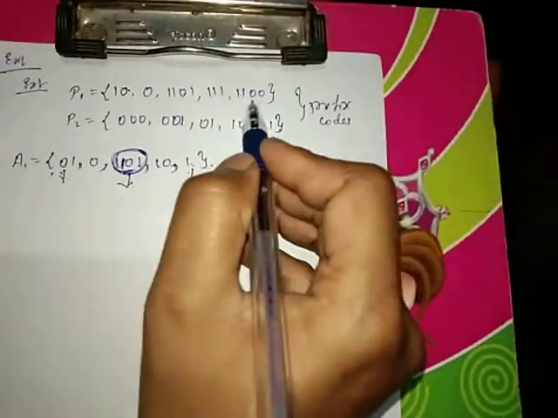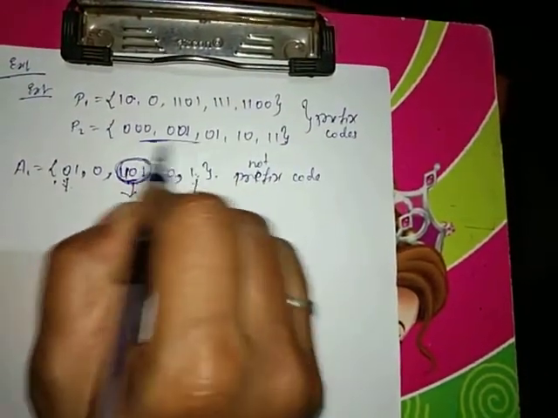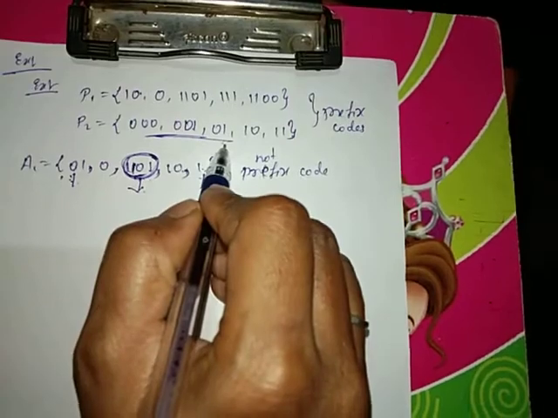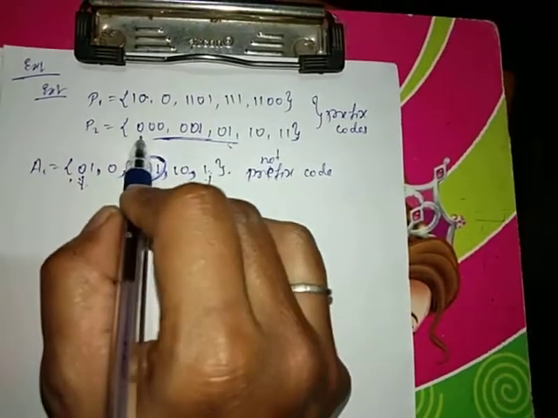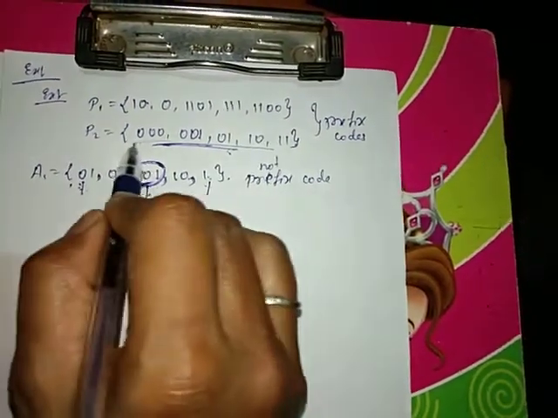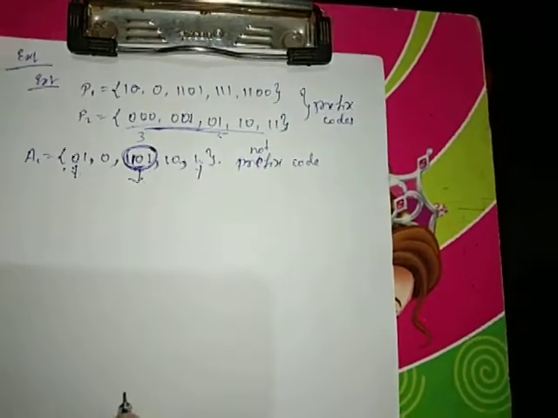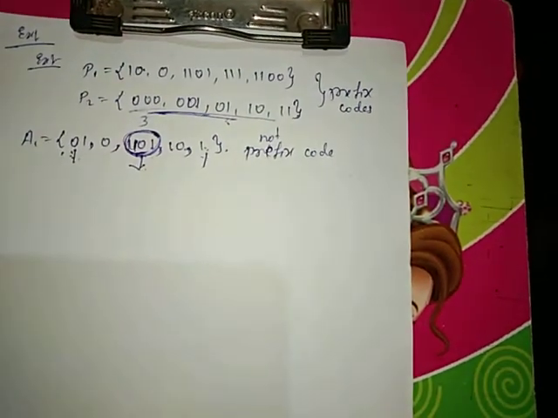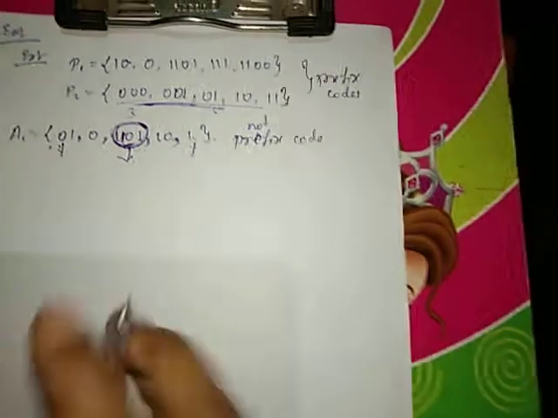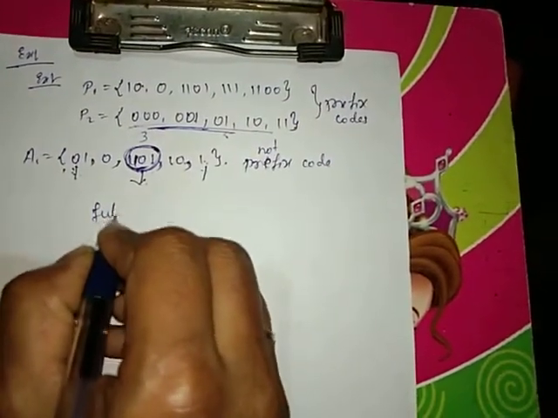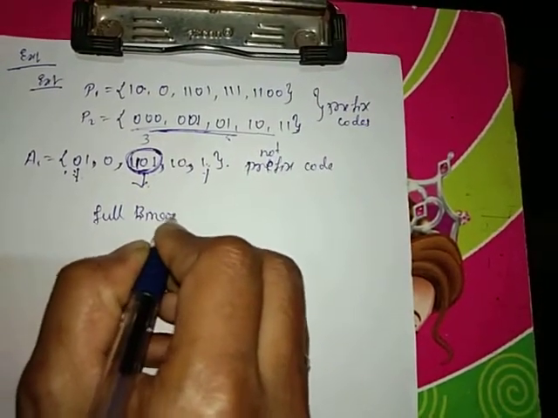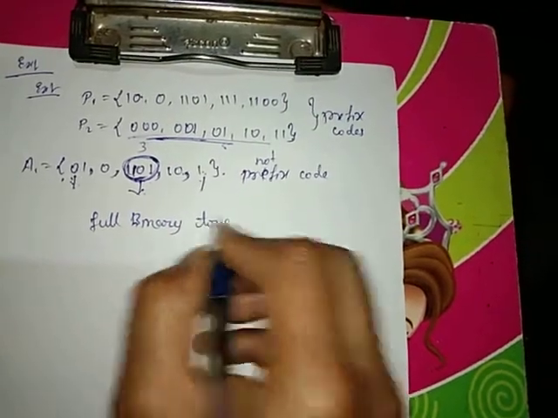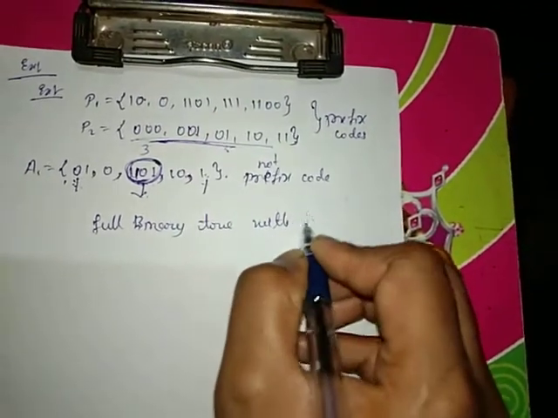For example, for P2, the longest sequence has length 3. Keeping this in mind, we first construct a full binary tree with the length 3.